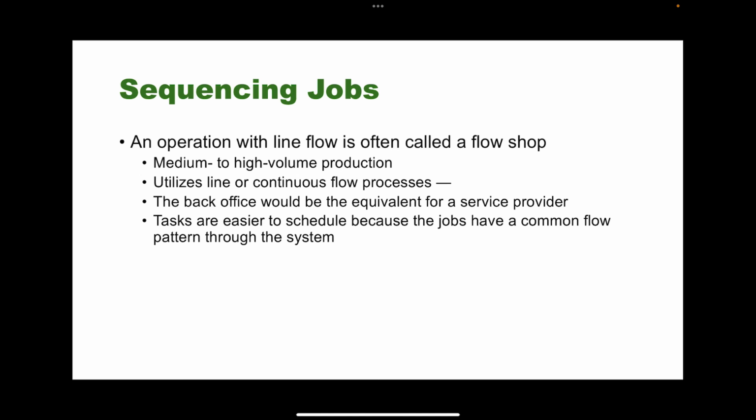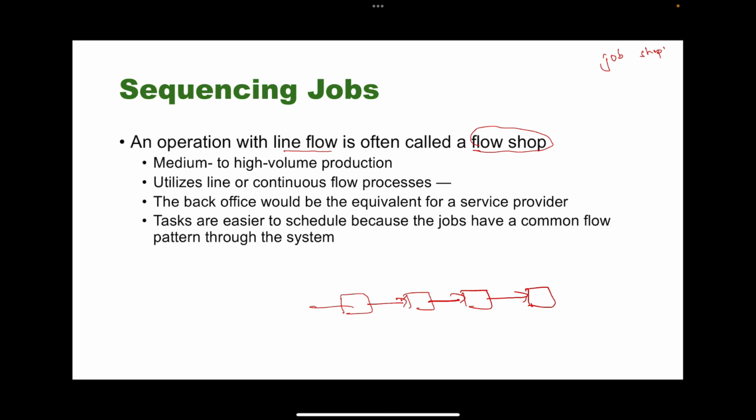Sequencing jobs with line flow is called flow job. So we have seen what is a job shop, and then you have the flow shop. Flow shop means the work goes through the same sequence. So it is very easy to sequence the jobs.